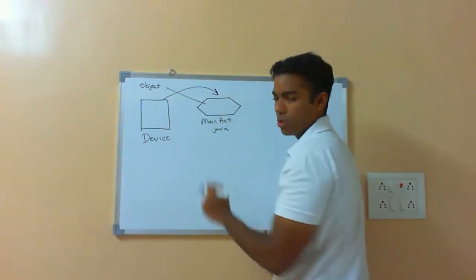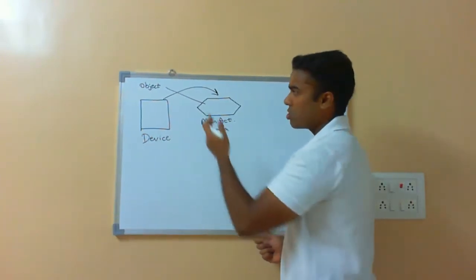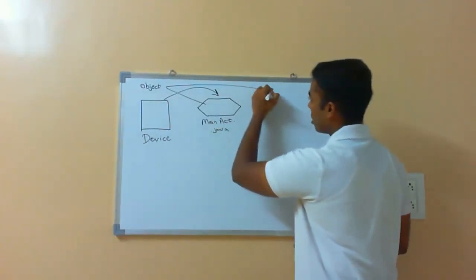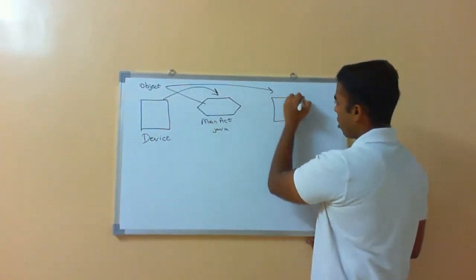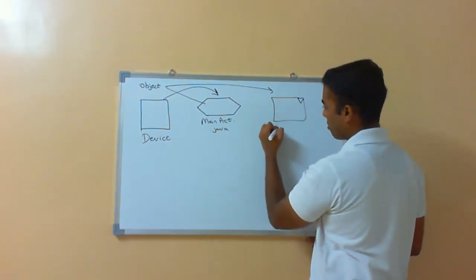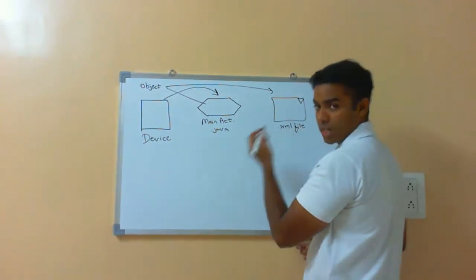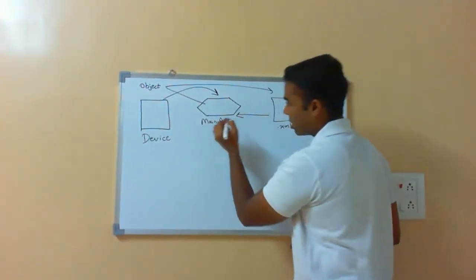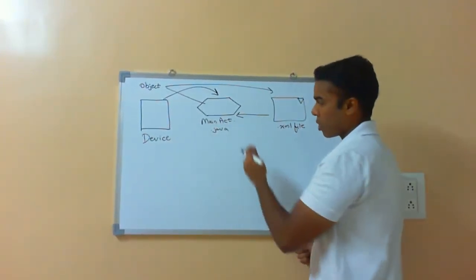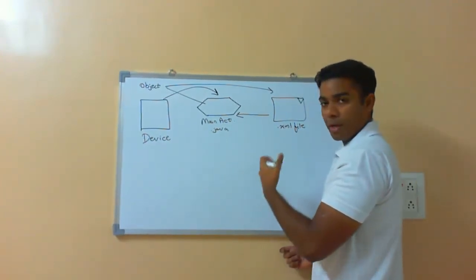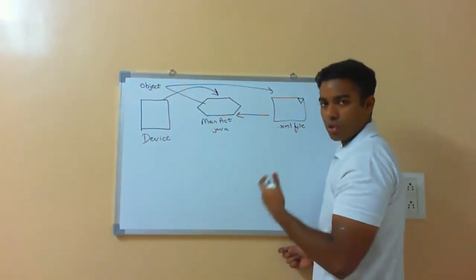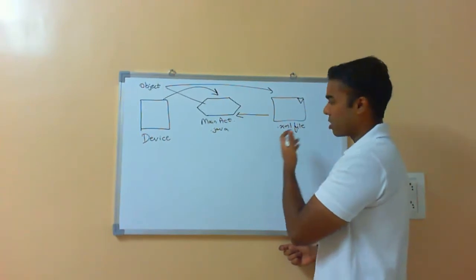Now what is the use of this object? This object will call the layout file, or you can simply say the .xml file, which is associated with this .java file, because every .java file may or may not have a layout file, but most of them have layout files, or you can say XML files.